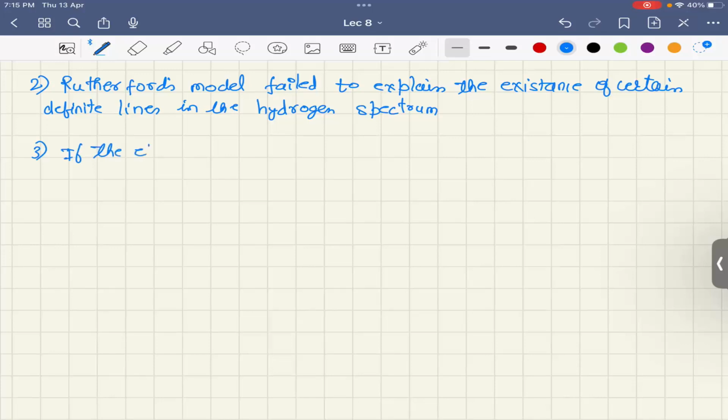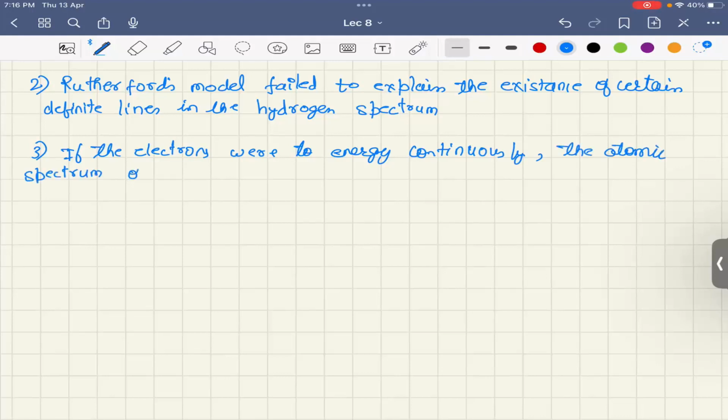If the electrons were to lose energy continuously, the spectrum of hydrogen should have been continuous. However, we know that is not true.